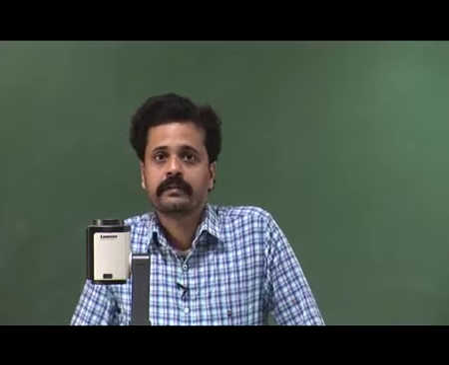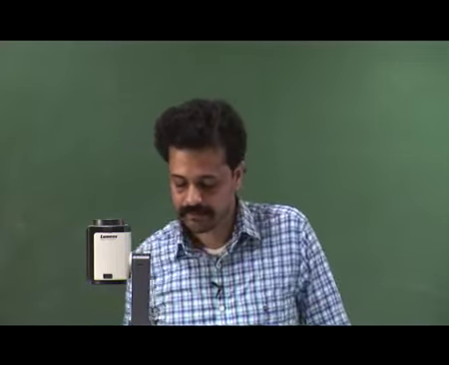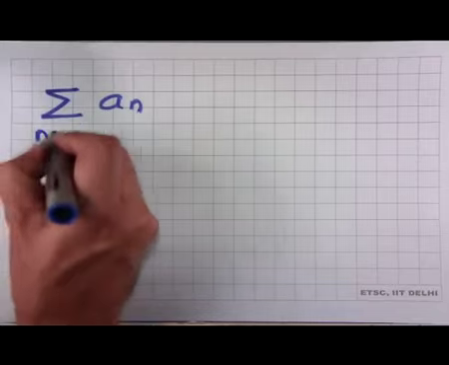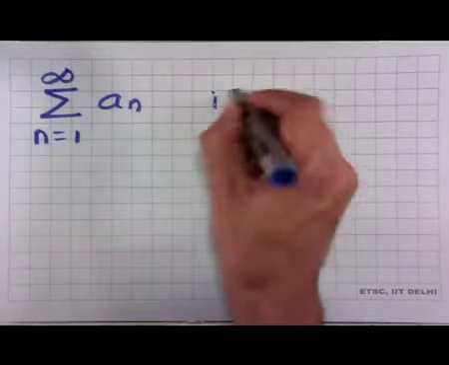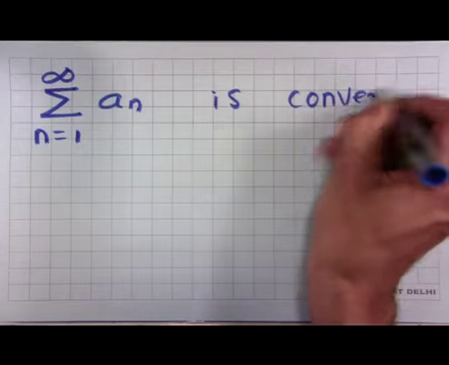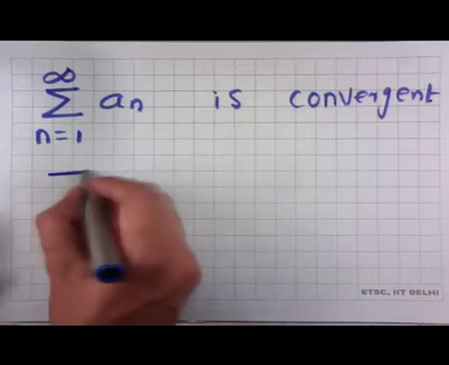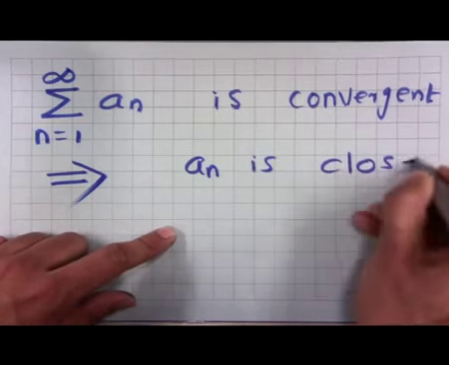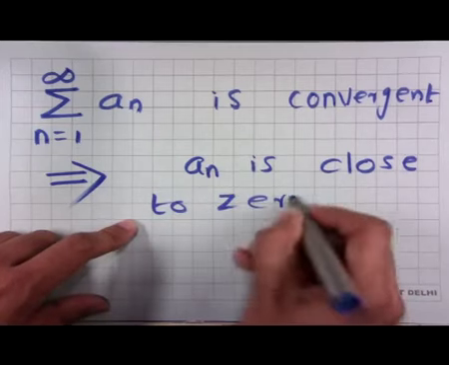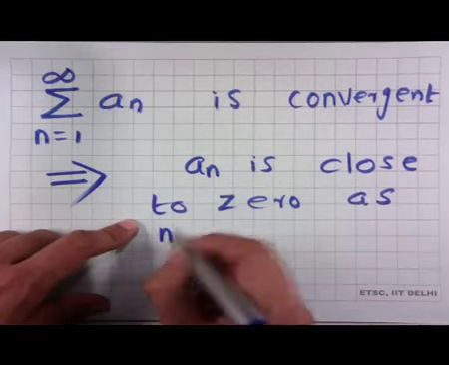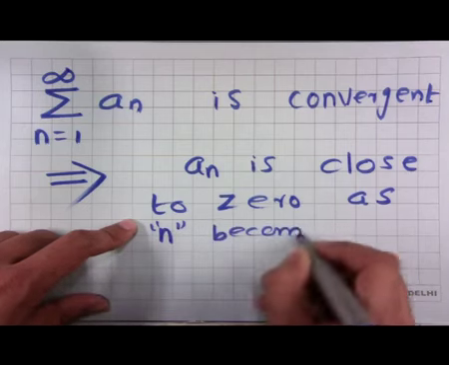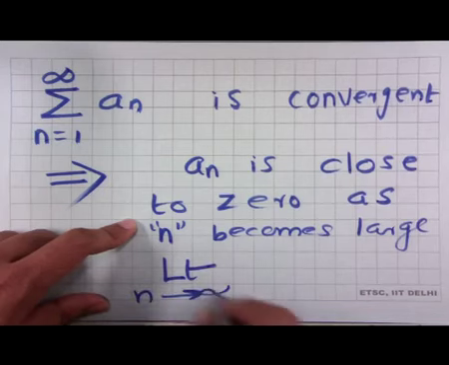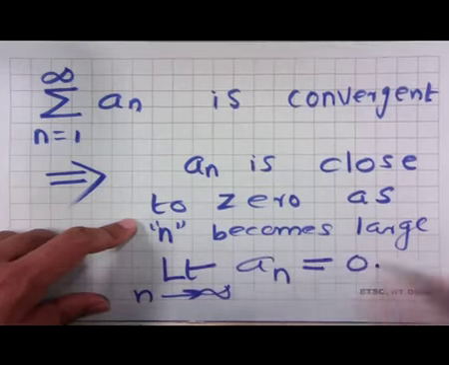Let me stress the observation we had. If summation of an, n equal to 1 to infinity, is convergent, then that implies that an is close to 0 as n becomes large, written mathematically as limit n tending to infinity of an is equal to 0.